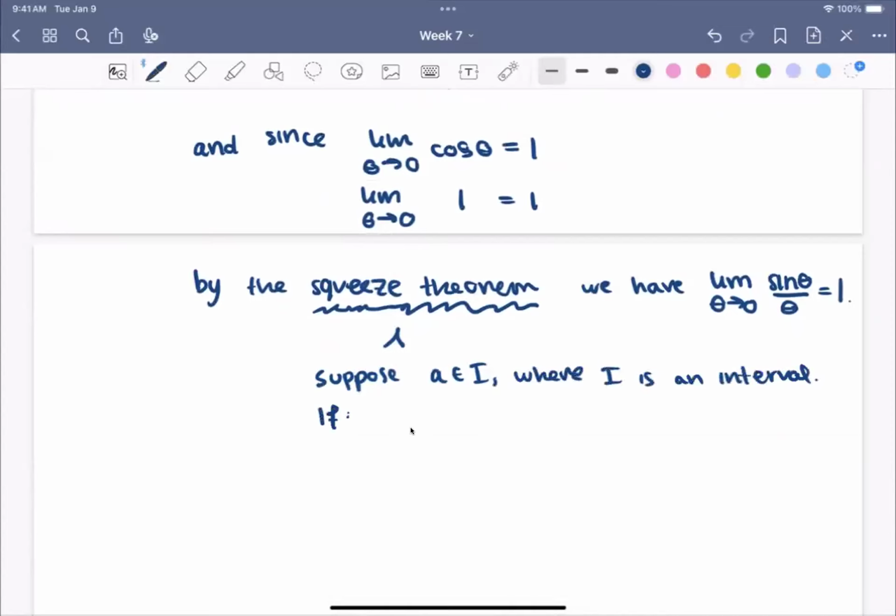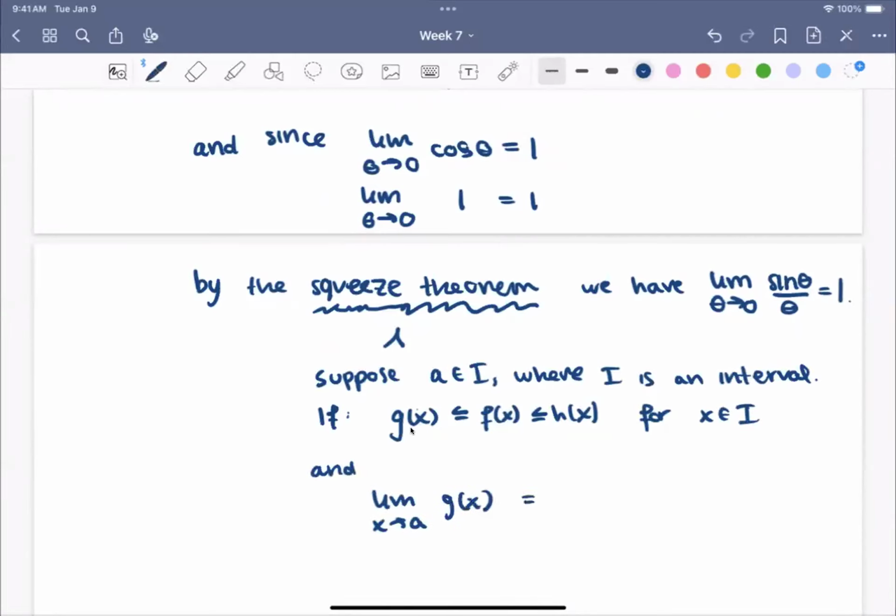If we have a series of inequalities, so we know that g of x is less than or equal to f of x is less than or equal to h of x for x's coming from the interval, and we know that the limit as x approaches a of g of x is equal to the limit as x approaches a of h of x.